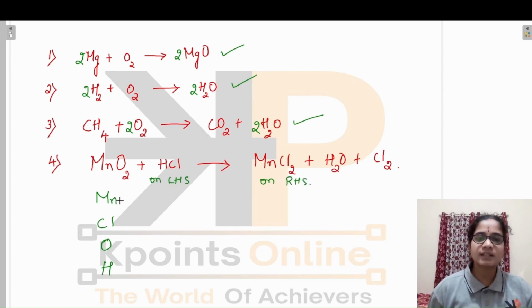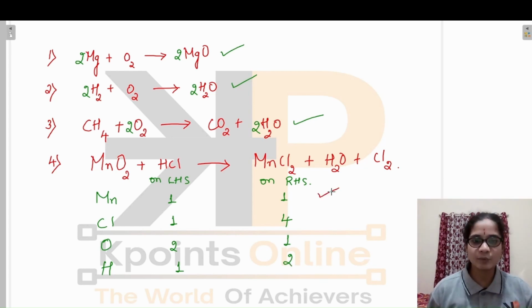Okay. Then the number of manganese atoms are 1, 1 on both the sides. And chlorine atoms, here there is only 1 chlorine atom. Here there are 4 chlorine atoms. Here there are 2 oxygen atoms. Here there is only 1 oxygen atom. What about hydrogen? Here 1 and here 2. Okay. Now the number of manganese are same on both the sides.